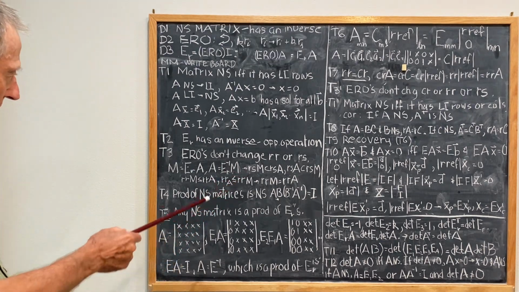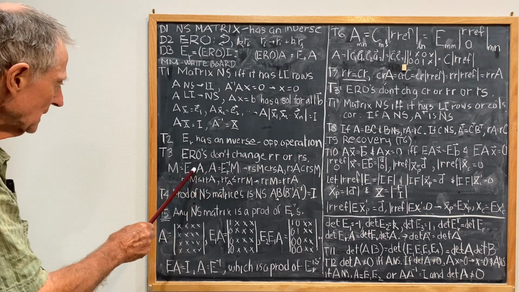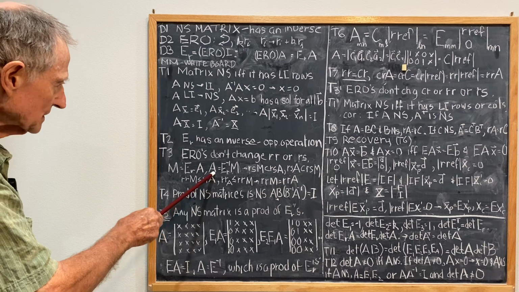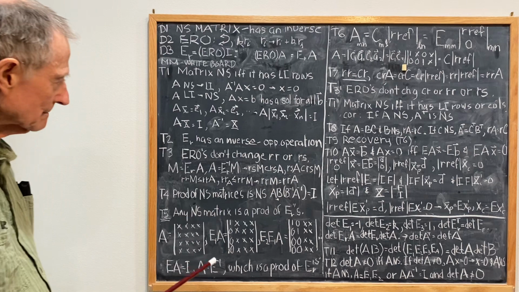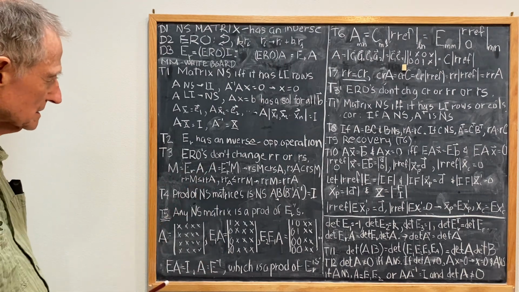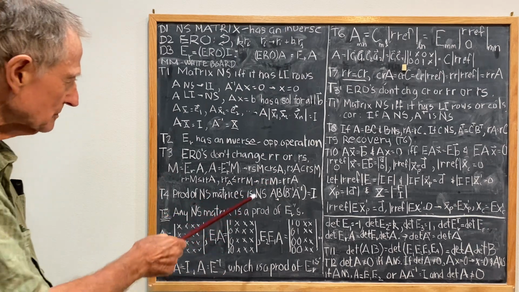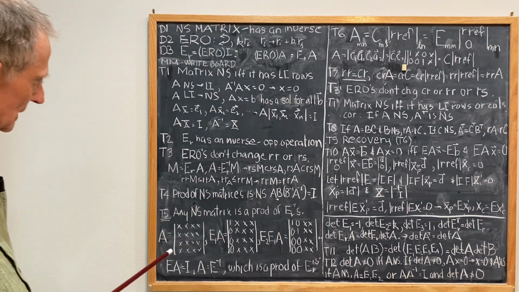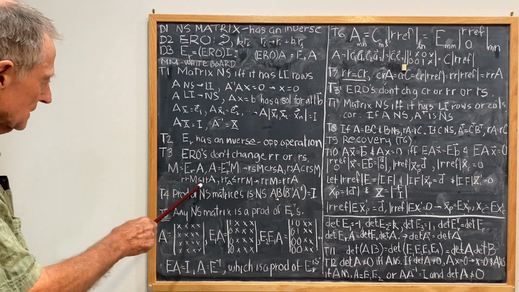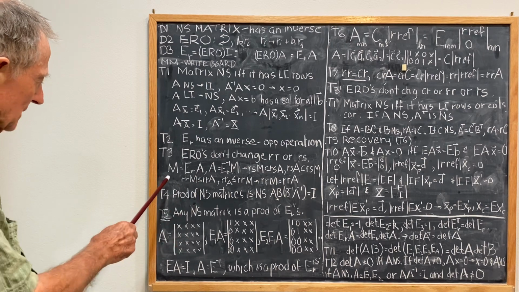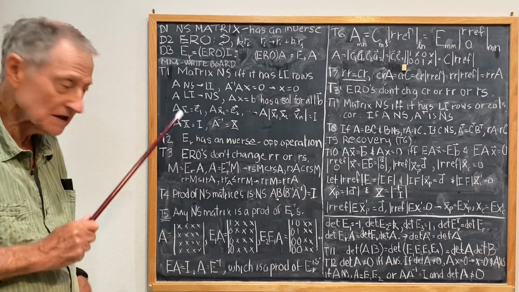From this, I see that the row space of M is a subspace of the row space of A, and the row space of A is a subspace of the row space of M, so that the row space of A hasn't changed. Row space of A is equal to row space of M. Then the row rank of M is less than or equal to the row rank of A, because the rows of M are linear combinations of the rows of A. Remember that multiplication we did?